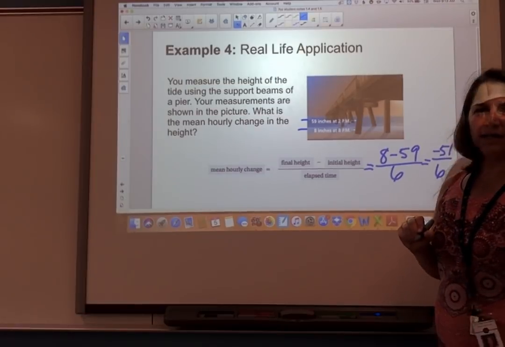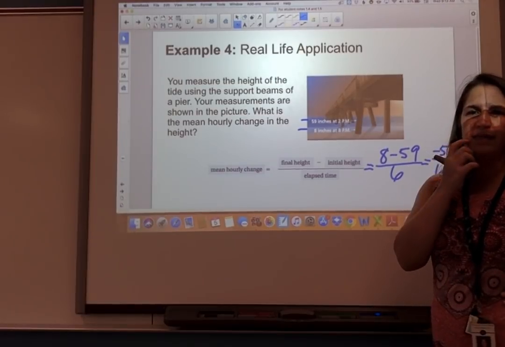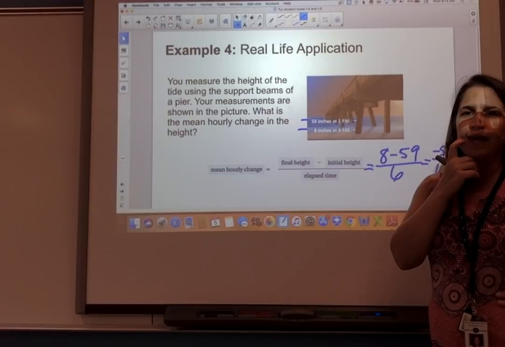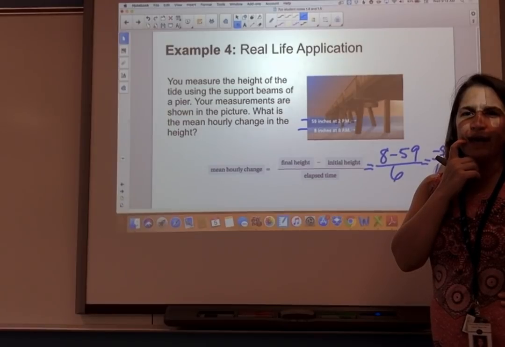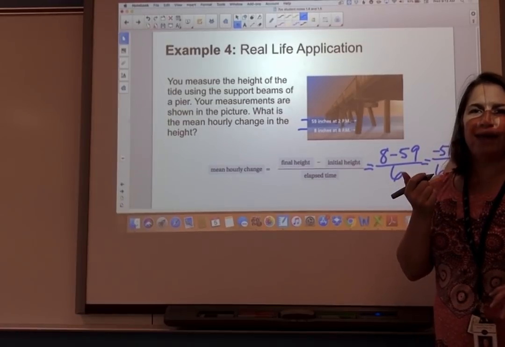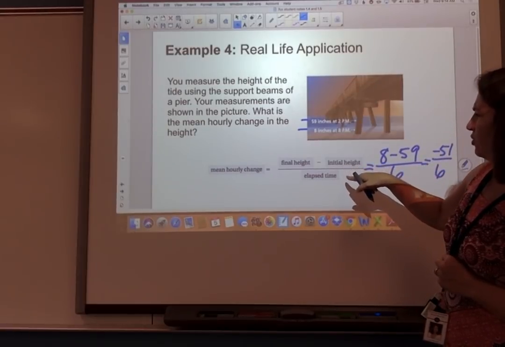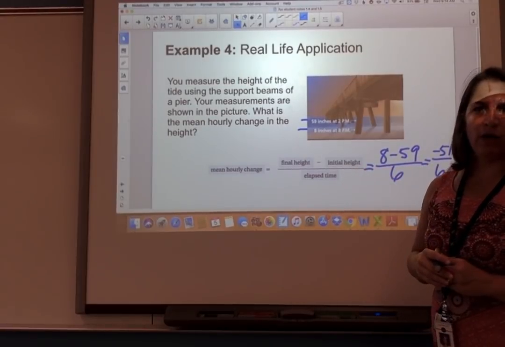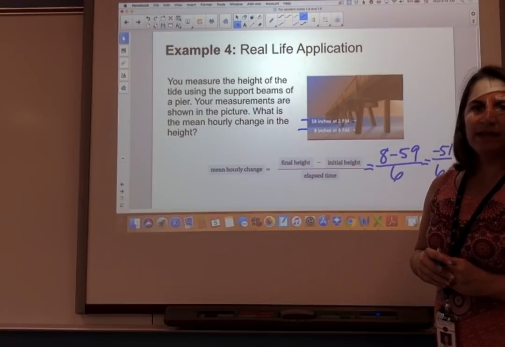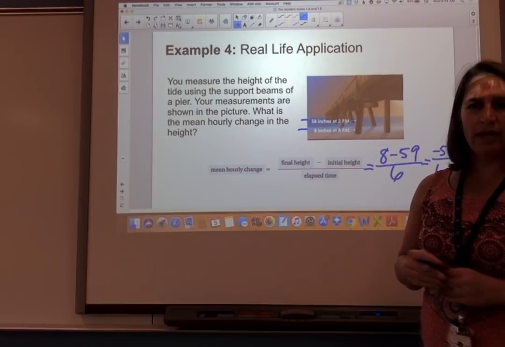And then we can simplify that. That would be, let's see, 8 and 3 over 6, so 8.5 inches per hour. All right, so go ahead and try them on your own, and I will see you soon.